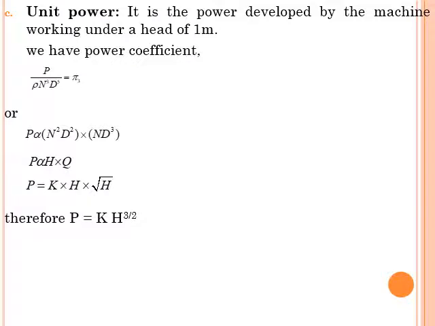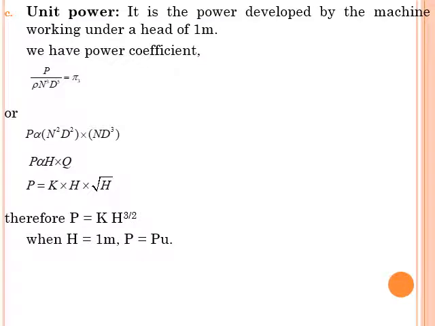In the previous expression, P equals K into H into square root of H, so the H term simplifies and it reduces to H power 3 by 2.